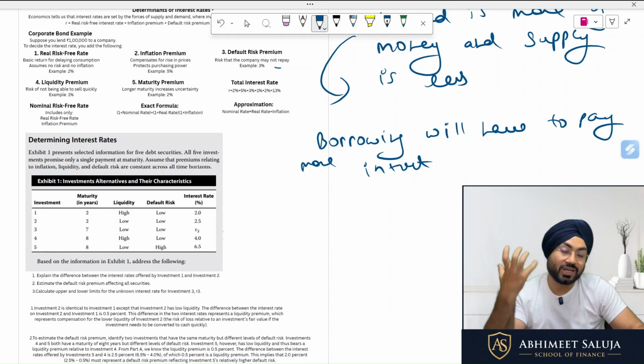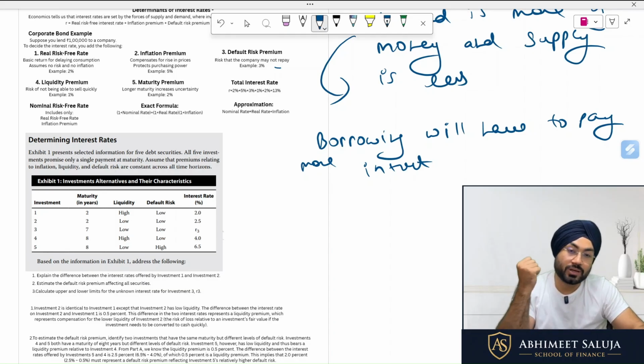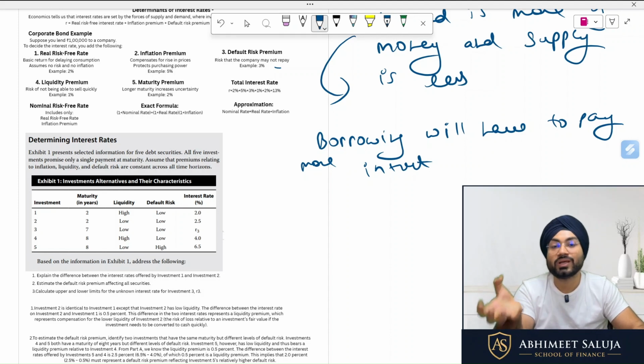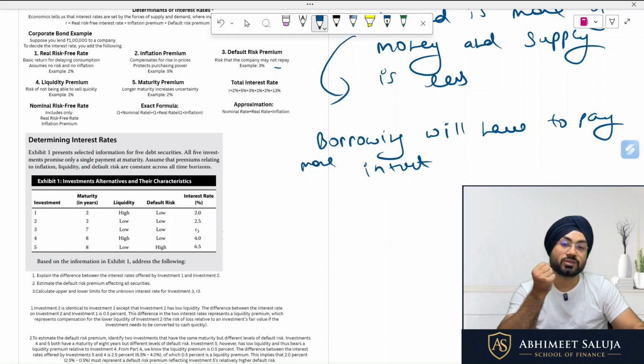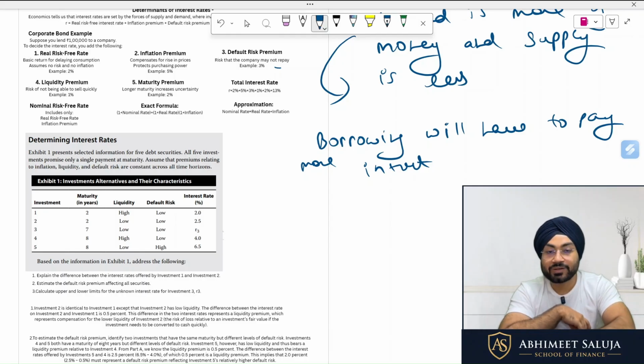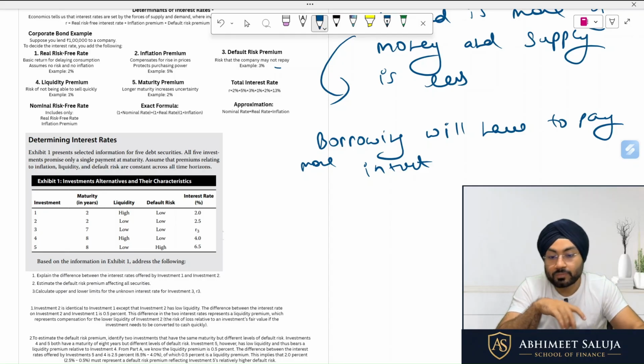All right, because he knows he has a scarce commodity. Demand is high and supply is low. He has a scarce commodity. So naturally he will be demanding more return in the form of interest. So interest rate would be higher if demand for money is higher and supply is lower. If supply is high and demand is low, then interest rate would be lower in an economy. All right.